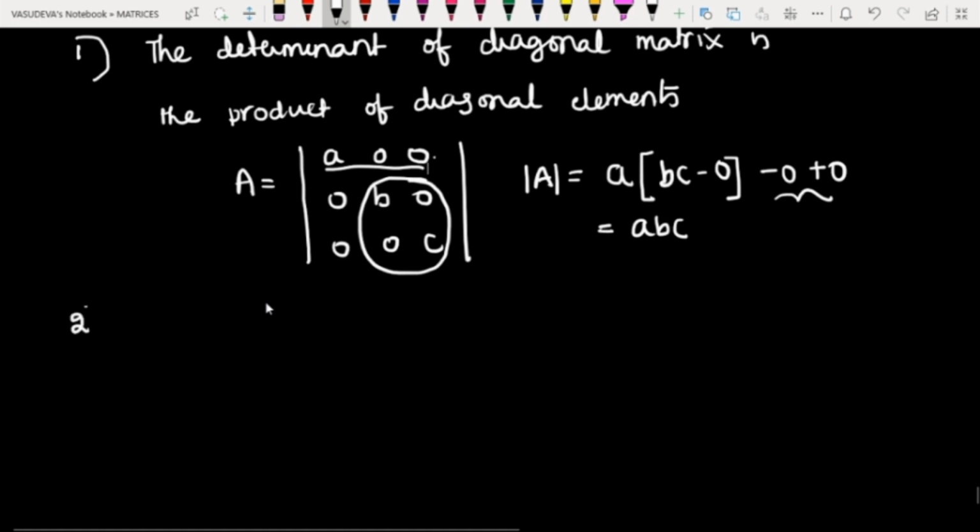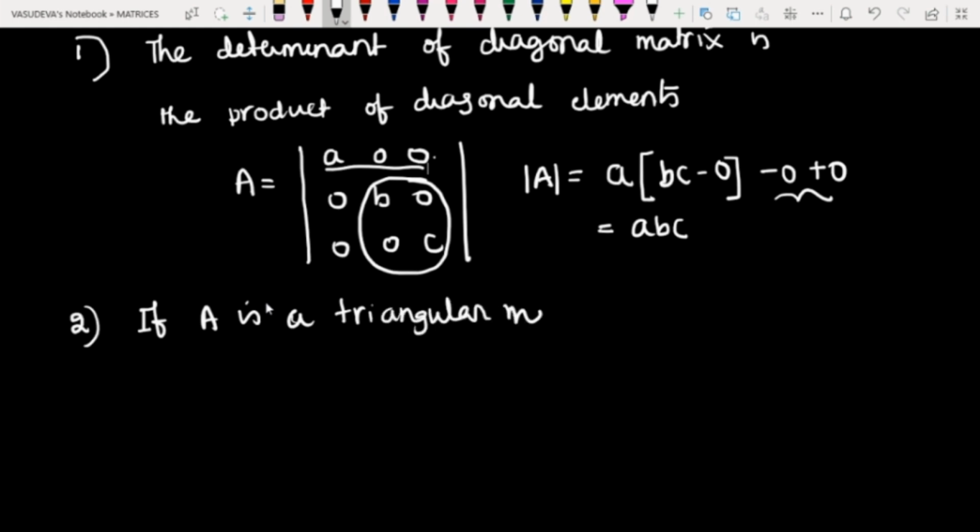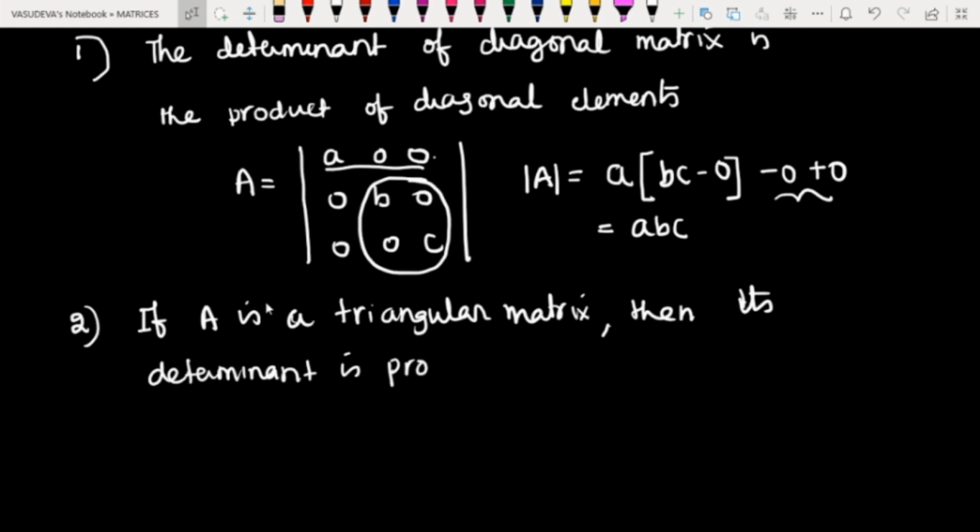Now consider the triangular matrix. If A is a triangular matrix, then its determinant is the product of the diagonal elements.